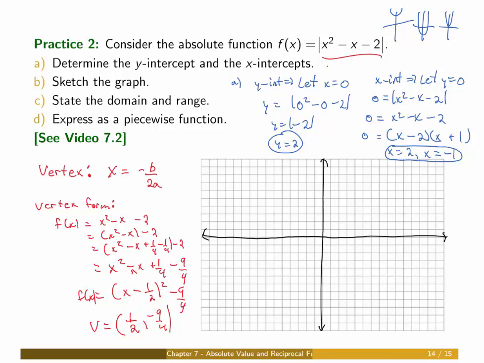Okay, so you can plot that point, 1 over 2, and this time let's go up by 1, 2, 3, 4.